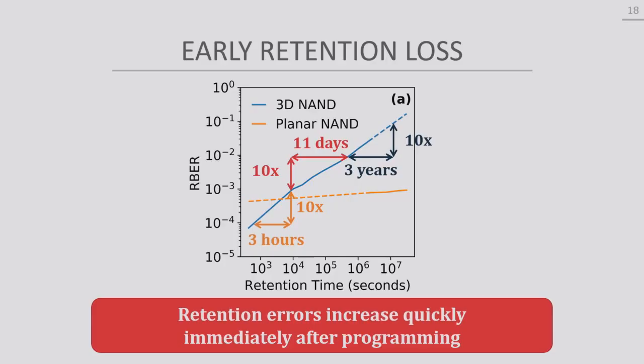Because we care more about the order of magnitude of the raw bit error rate, this means that the retention errors increase very quickly immediately after programming, and then it slows down exponentially after some time. This phenomenon, we call the early retention loss phenomenon.